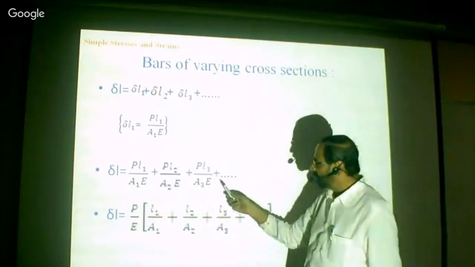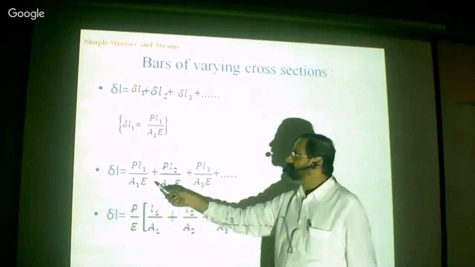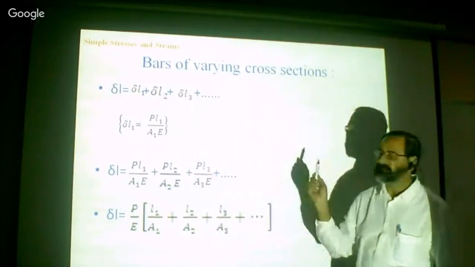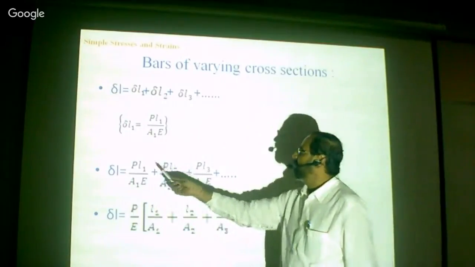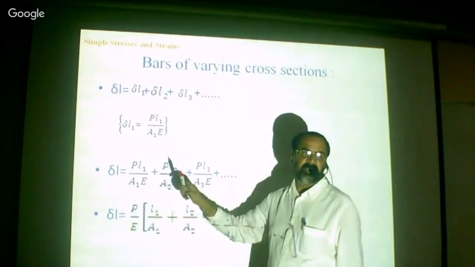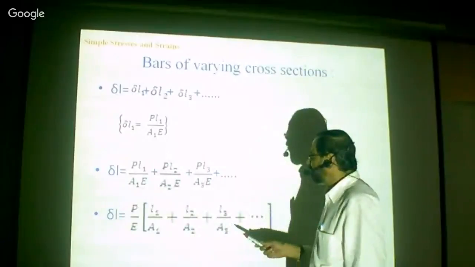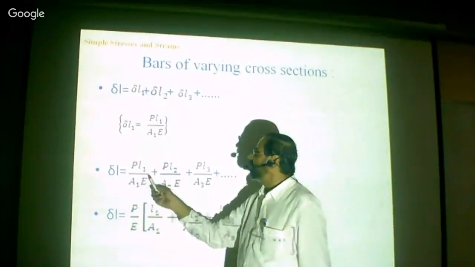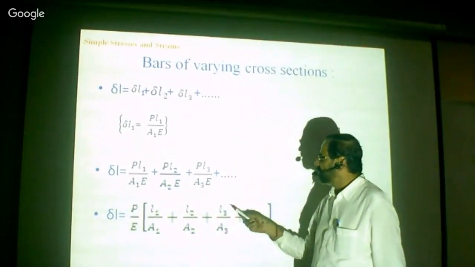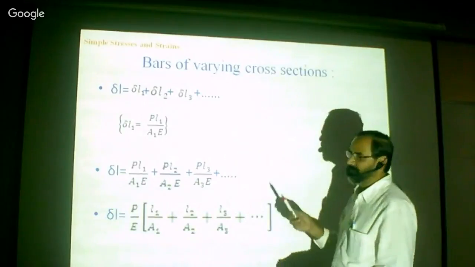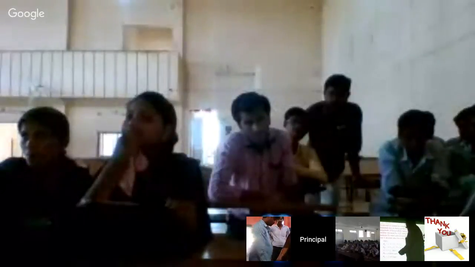In this equation it is assumed that all three sections are made of the same material and the load applied is common. The only differences are that L1 is different and the cross-sectional area is different. Then we take P and E outside, giving L1 by A1, L2 by A2, L3 by A3, plus more if you have many more. Similarly, I have taken one example.